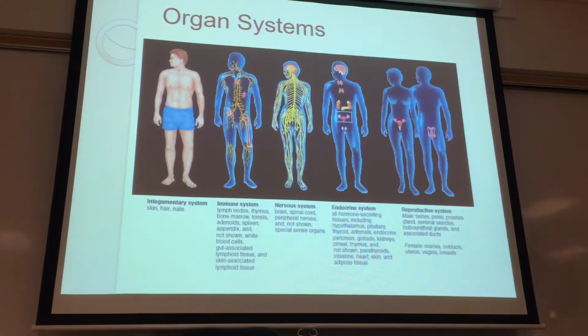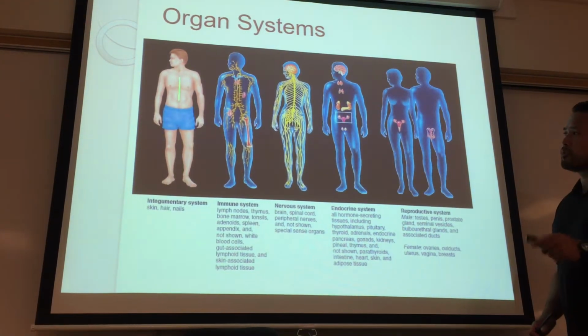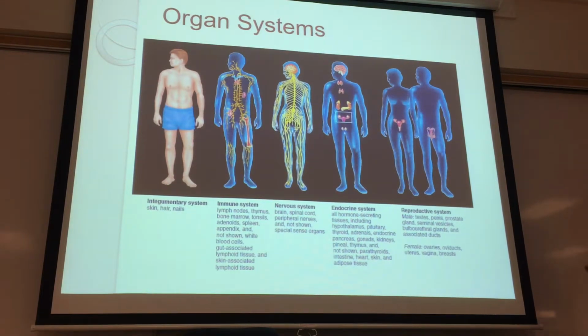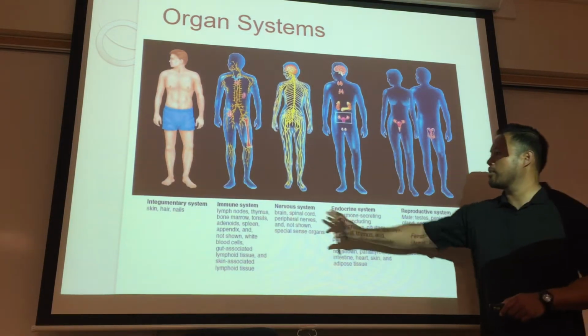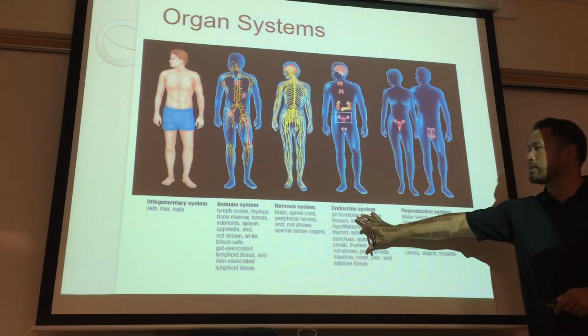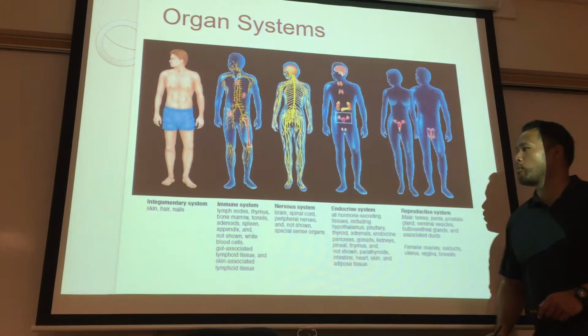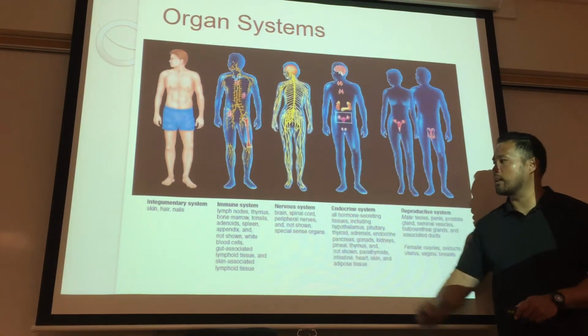The integumentary system, skin, hair, and nails, we don't really talk too much about. The immune system is a great topic to talk about. Again, something we don't really go too much into. We talk a little bit about it in our circulatory system when we talk about blood, but the immune system, tons of good stuff on there. The rest, nervous system, the endocrine system. So nervous system we spend a good chunk on, at least the first couple weeks, we talk about the neurophysiology.